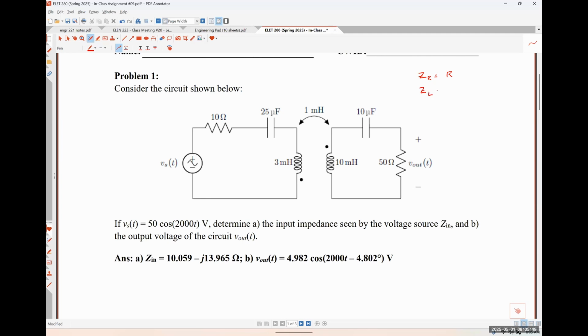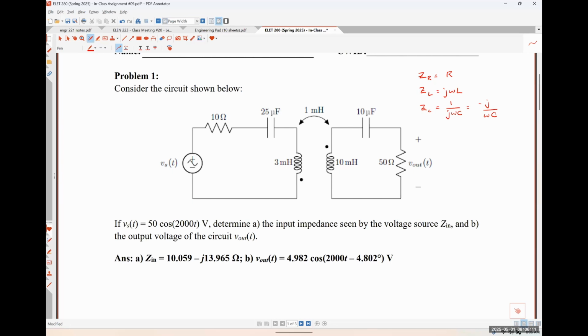The impedance of an inductor is given by the expression j omega L, and the impedance of a capacitor is given by 1 over j omega C, which is the same thing as negative j divided by omega C.